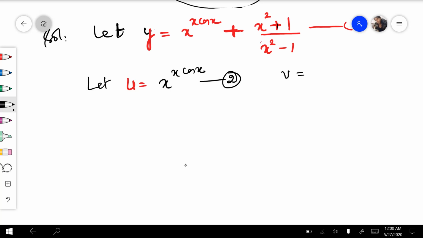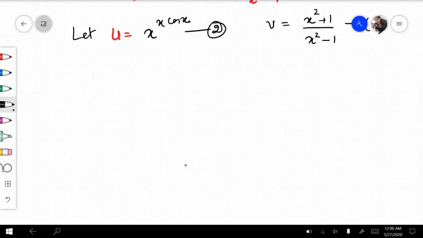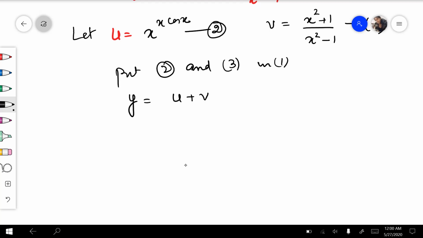This is our assumption: x square plus 1 upon x square minus 1. Put second and third in first. So when you substitute there, it becomes y is equal to u plus v.